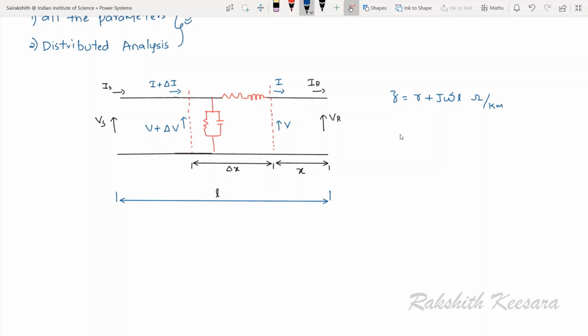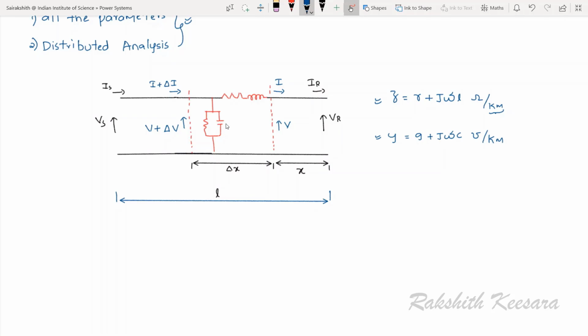In transmission line, generally per unit means per kilometer because they will be in the range of kilometers. Next, let me define my shunt admittance. This will be y equal to G plus j omega C, my conductance and capacitance, mho per kilometer. So these are the parameters per unit length.